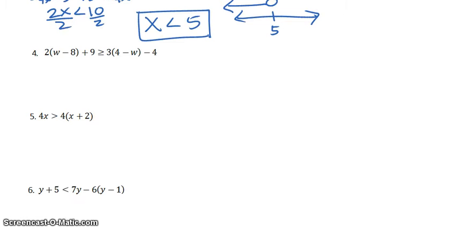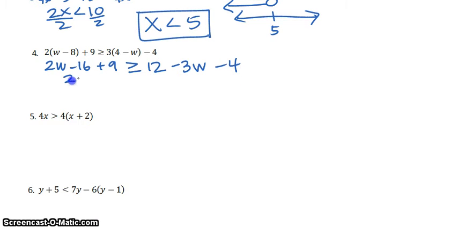All right, do some distributing, so I have 2w minus 16 plus 9 is greater than or equal to 12 minus 3w minus 4. Combine like terms, so I have 2w minus 7 is greater than or equal to 8 minus 3w.